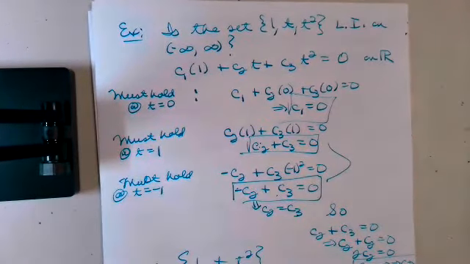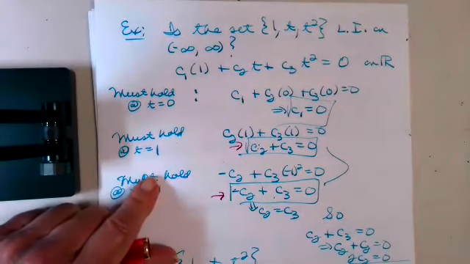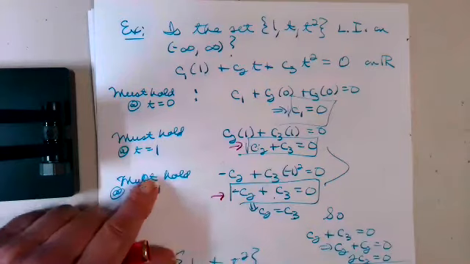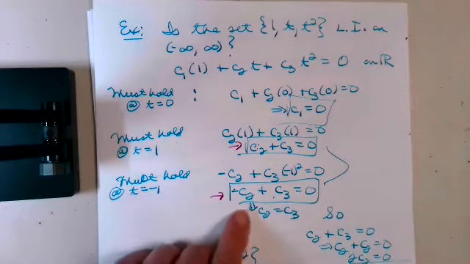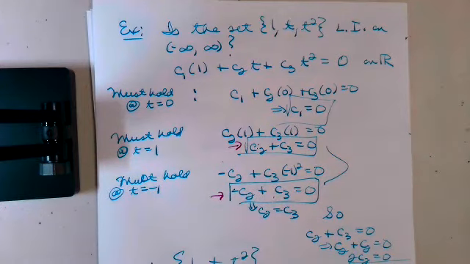Now we have these two equations, and we have to solve them simultaneously for C2 and C3. You can do it any way you like. I'm going to just rewrite this one. This one says C2 equals C3, and then use that in the first one.